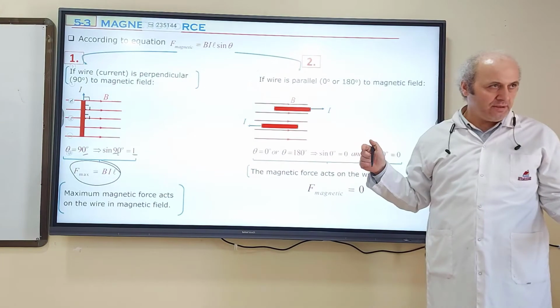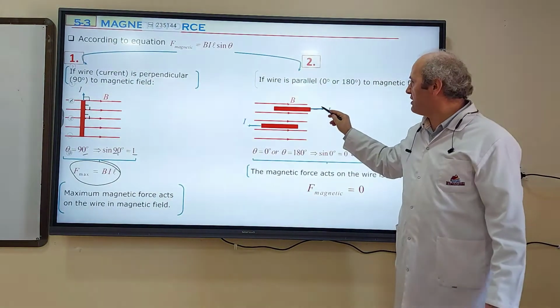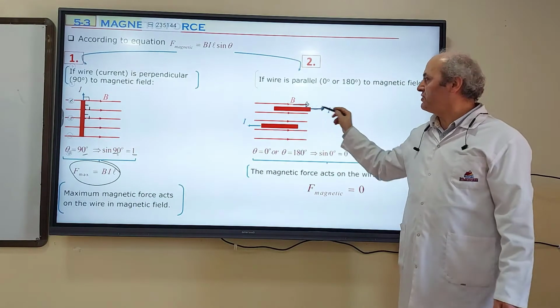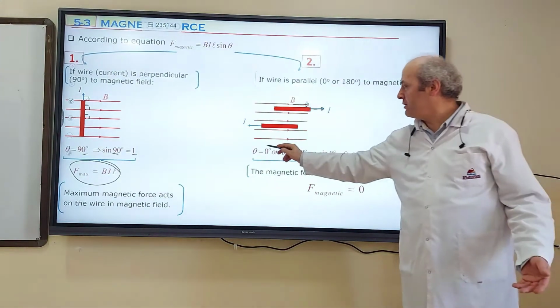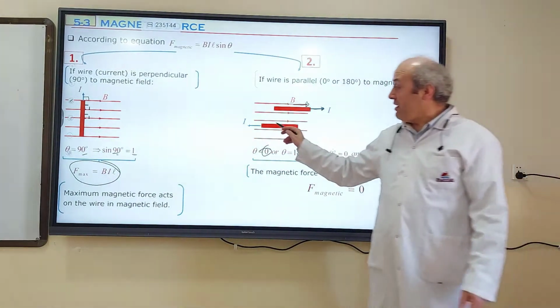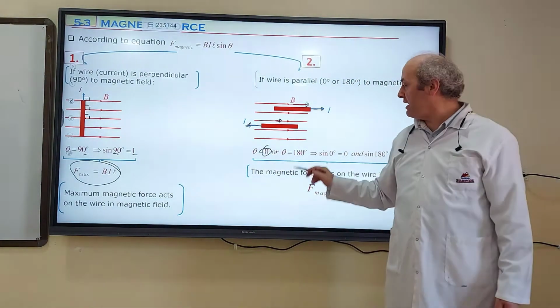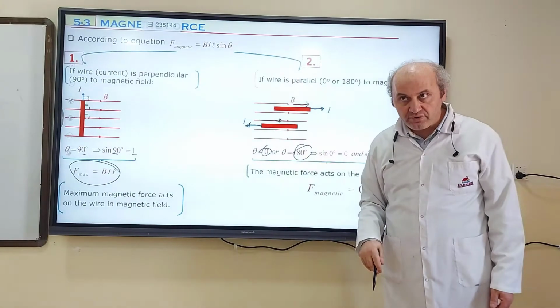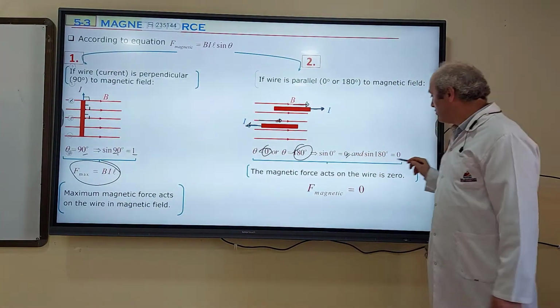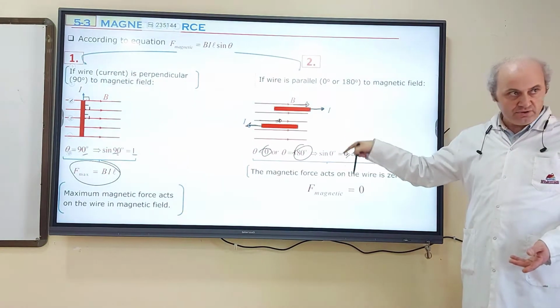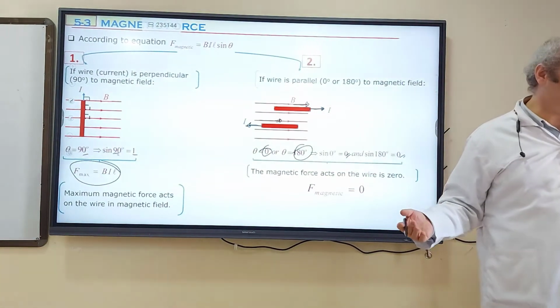What if the wire is parallel to magnetic field lines and electric current is parallel? Two angles possible. Electric current direction and magnetic field direction can be in the same direction. So in this case, angle between them is 0. If electric current direction and magnetic field direction are opposite, angle between them is 180. So both are sine 0. So magnetic force, in this case, 0, same as the charged particle as well.